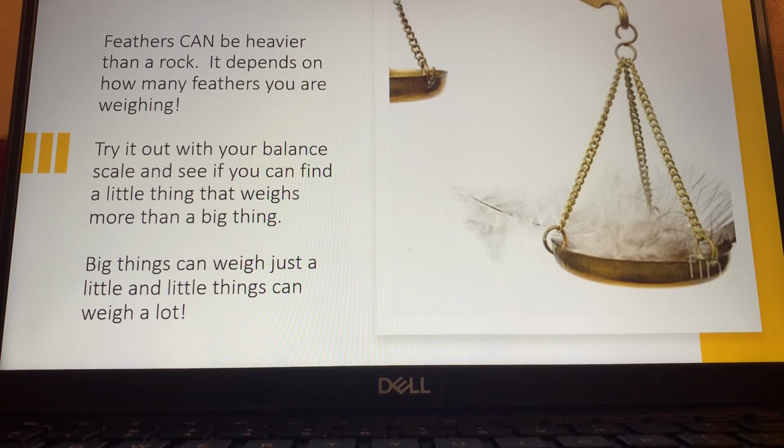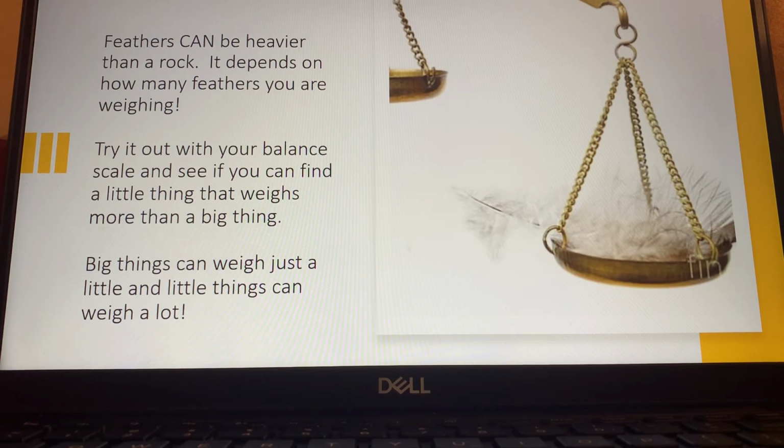Now, this is another activity that's really fun to do at home. You can find something little in your house that you think is light and find something bigger in your house that you think would be heavy and compare them, because sometimes objects that are light are not always the lighter when you put more of them together.